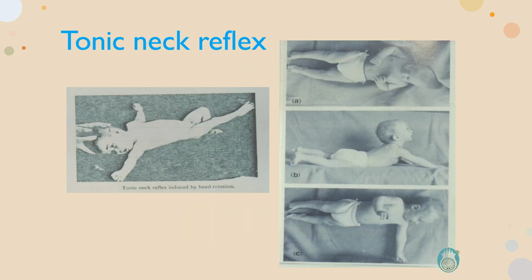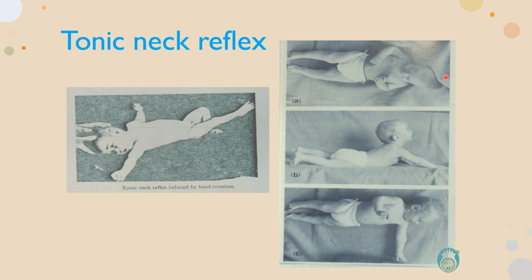Okay, so in this picture you can see when the head is turned to one side, this side limb will be extended, the opposite occipital limb will be flexed. And here, when the head is turned down, the forelimbs are flexed and hind limbs are extended.